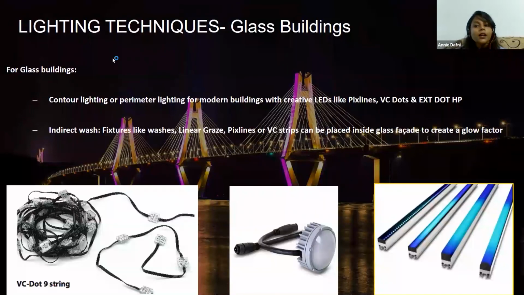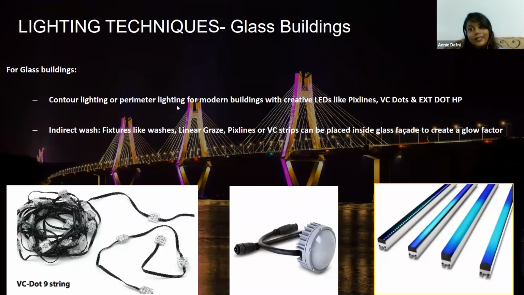Okay. So when it comes to glass buildings, we cannot apply the same kind of traditional facade lighting techniques using wash fixtures. It's a little bit different when it comes to glass buildings. A lot of buildings nowadays are glass buildings. So for glass buildings, we generally follow techniques like contour lighting or perimeter lighting, which will mark the boundary of the building.